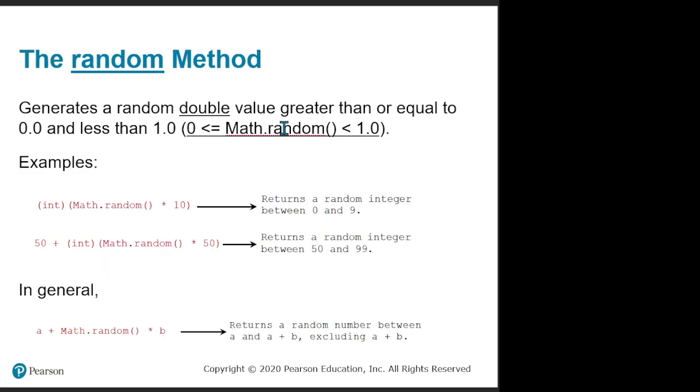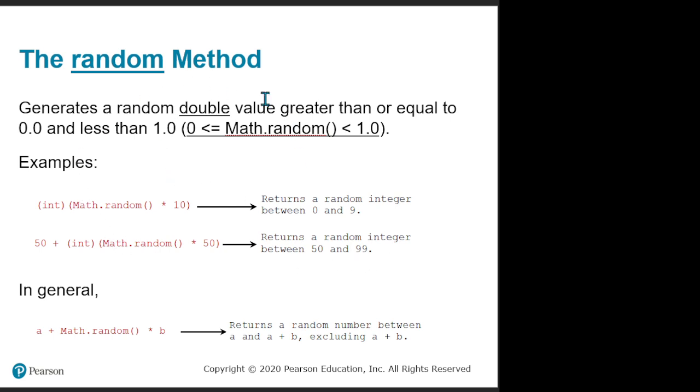So you generate a random number that is greater than or equal to 0 and less than 1. And then I can multiply that number by 10 and cast it as an integer to give me integers between 0 and 9. I can add to whatever comes out of that to give a range of numbers.